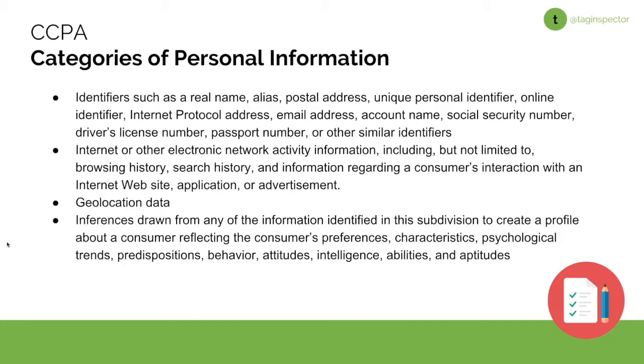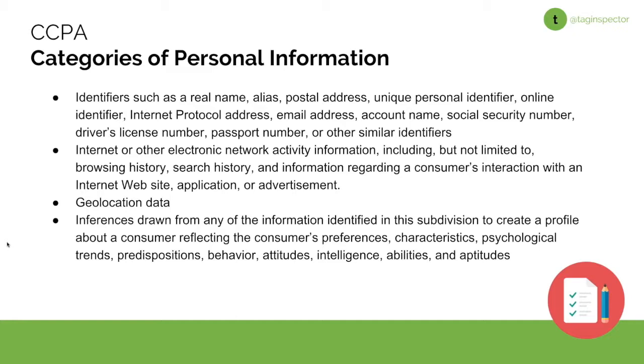The next thing I wanted to touch on here is the categories of personal information. So when it comes to disclosure, both within your privacy notice as well as providing information that you've collected about a user back to them, the law really specifies that you need to be able to explain to them or tell them what categories of personal information have been collected. There's a number of different categories, but these 4 are the things that are going to be relevant for online marketing and advertising.